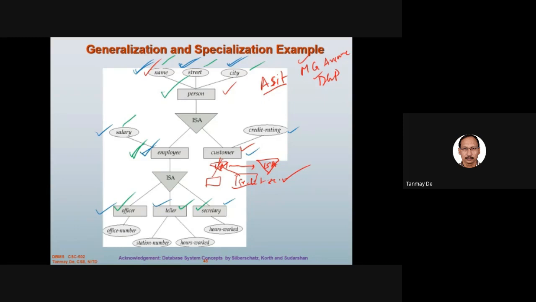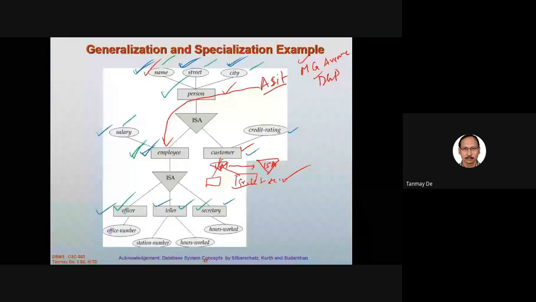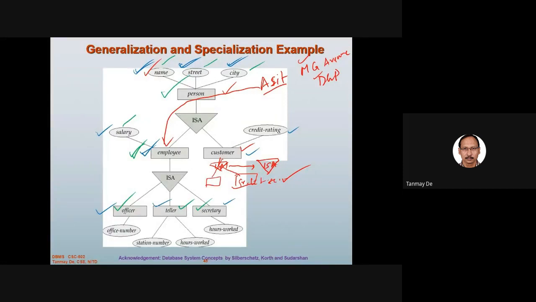This person is present as an employee in, say, a bank. That employee Osit may also be a customer of that bank. It is possible, isn't it? He is an employee, and he may be one of the customers, maybe with a savings account or some loan accounts.